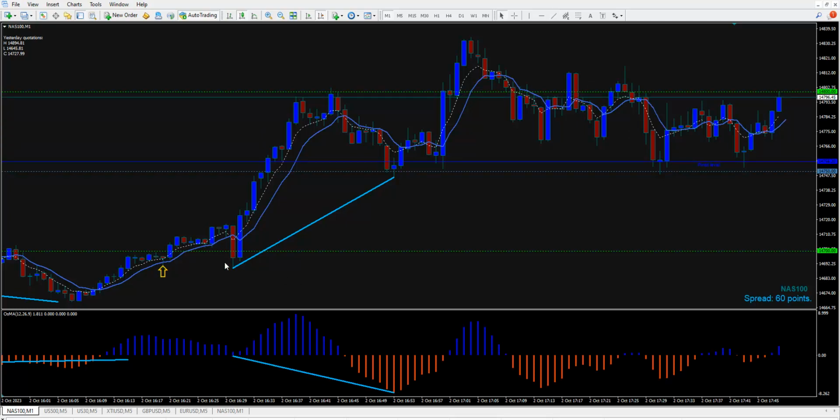This is the opening bar, okay? This is the opening right here. So, actually, there's another one here too. Let me show you. Right on the open, right here, from here to here.